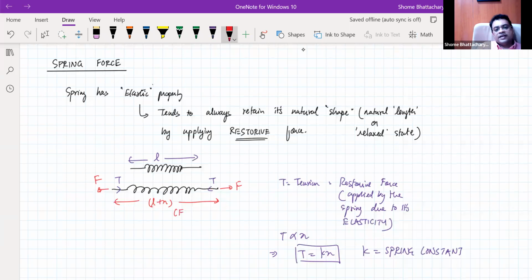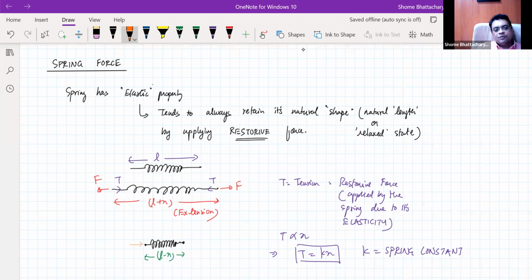Here the spring is extended, so it is in a state of extension. But we can also apply a force in such a way that the external force is applied inwards. That is creating a compression in the spring. So now this could be like this, where we have compressed the spring by x distance. So its length has changed to L minus x instead of L plus x.